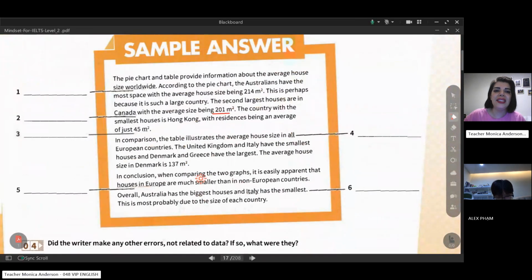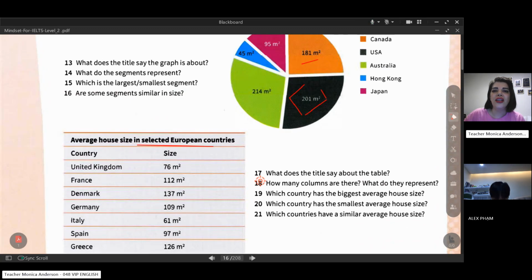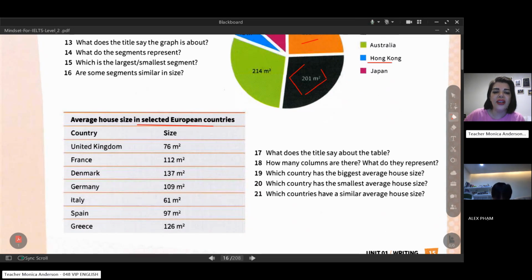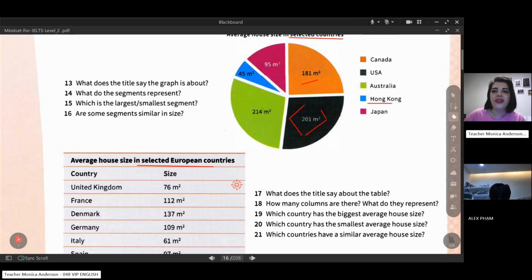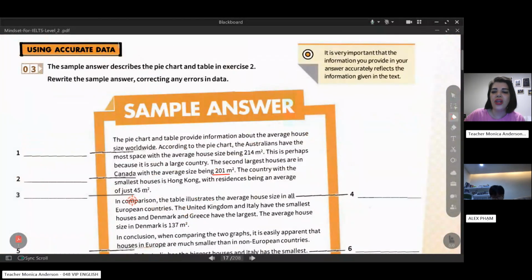And this one, the country with the smallest houses is Hong Kong, with residences being an average of just 45. Let's see. Okay, Hong Kong here. So what's the issue of just?